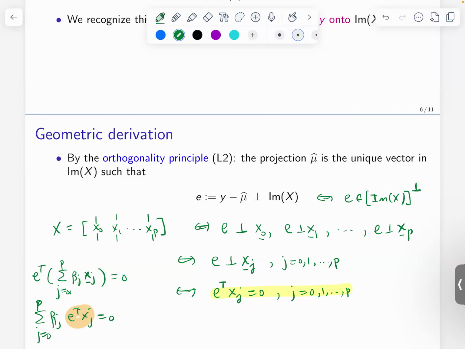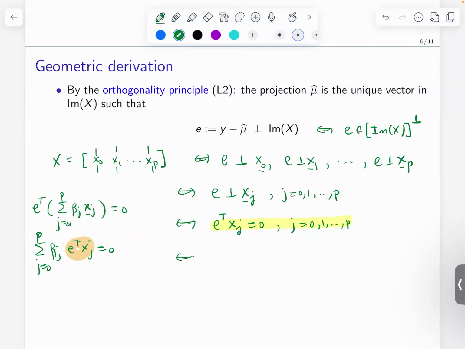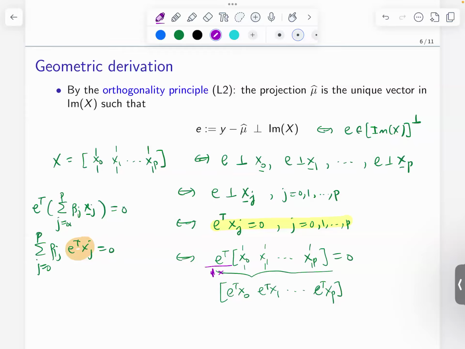Okay, so this is equivalent to saying E transpose times the matrix x0, x1, up to xp is equal to 0, because if you multiply out, this is really E transpose x0, E transpose x1, up to E transpose xp. The reason this is true is that this is 1 by n, and this is n by 1.